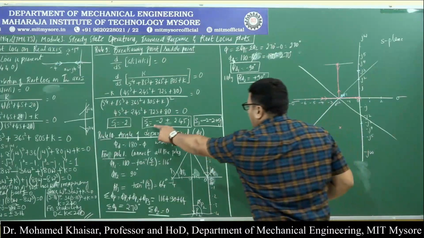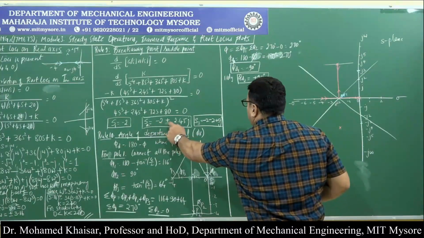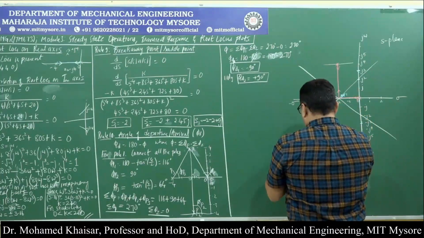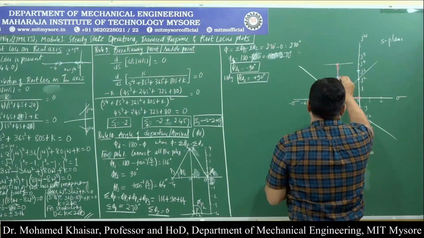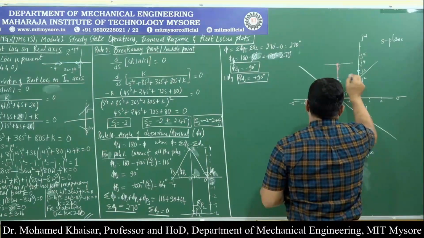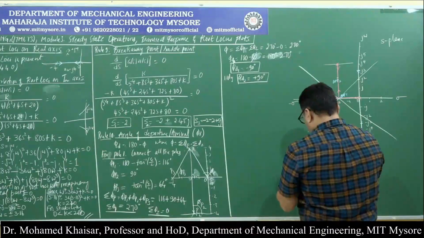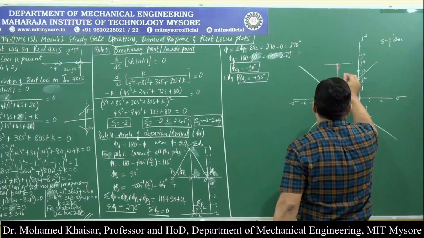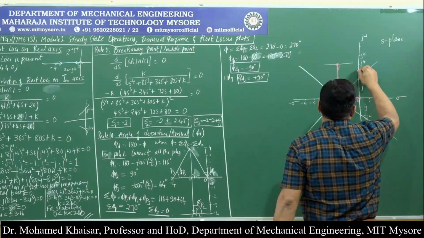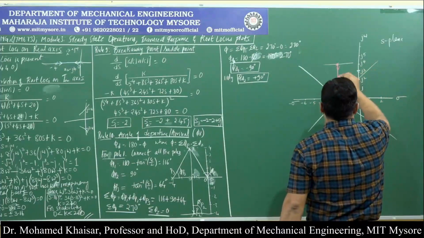So, what is another breakaway point? Minus 2 plus j2.45. It lies over here. This is BAP2. So, they will break away from this point, and this is the intersection of root loci with the imaginary axis.